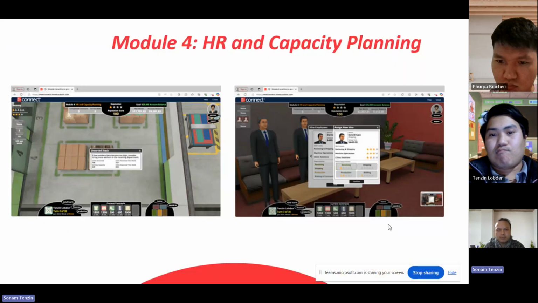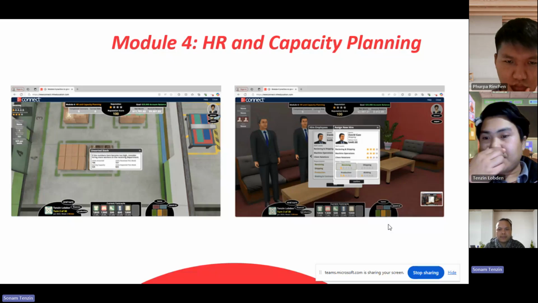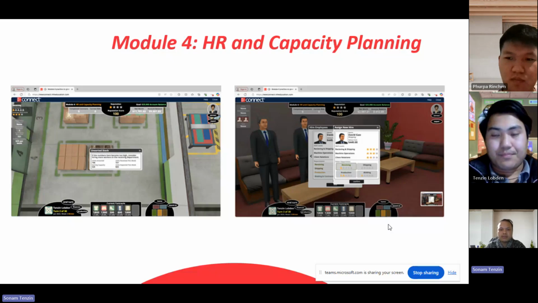Speaking about module 4, it deals with the HR section, whereby to increase the capacity of production and to have sufficient manpower in the process. In this screenshot, it shows the receiving part of the production, where we had a certain stock of material which was unsorted.